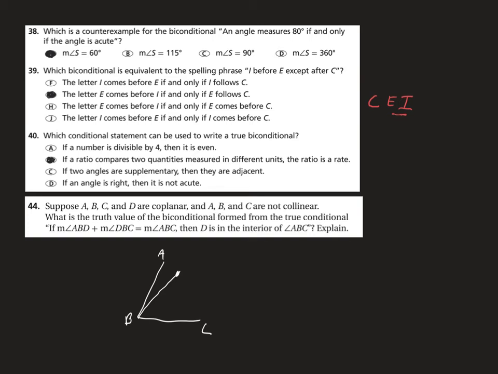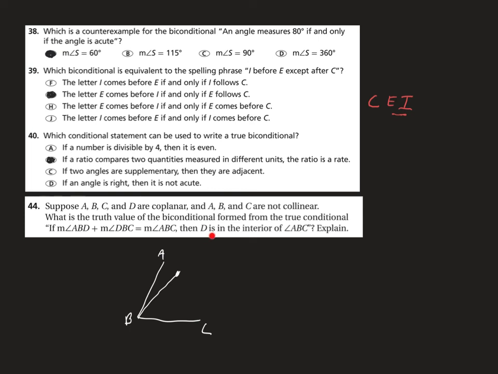Here I drew angle ABC, and I'm really looking at, well, I know that this statement is true. So if the measure of ABD plus measure of DBC equals this whole thing, then D has to be on the inside of that angle. But for a biconditional statement to be true, the converse of this original has to be true.